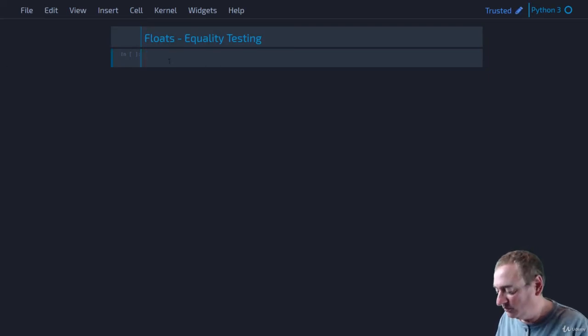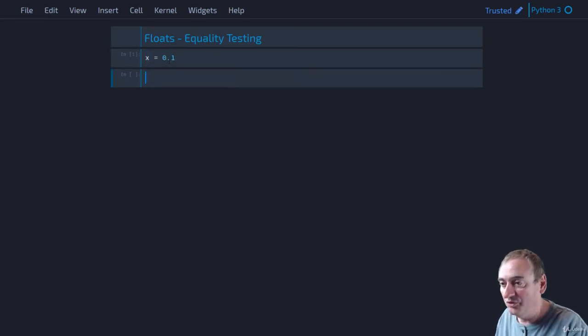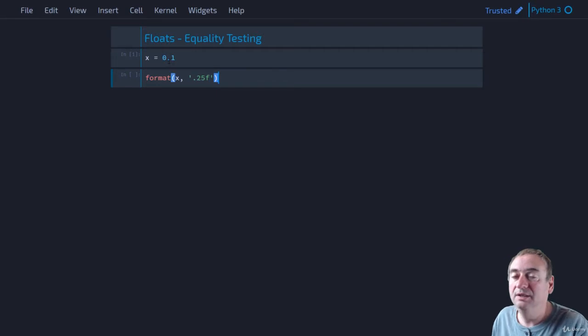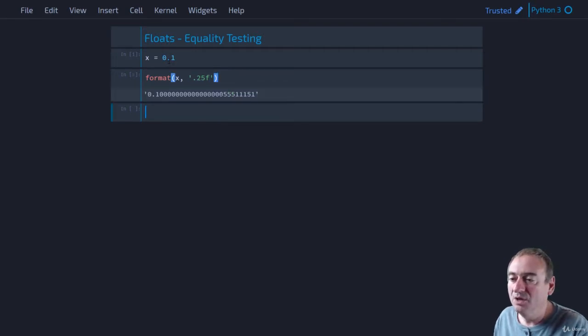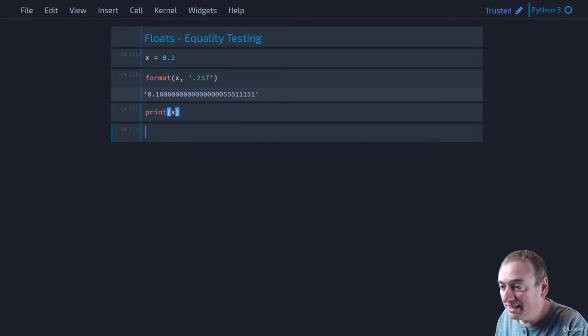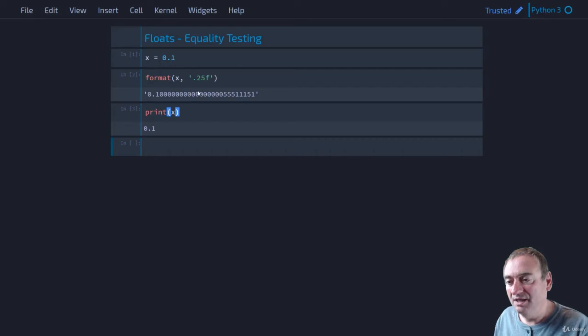For example, we saw that if we take x equals 0.1, then if we format x to display, let's say, 25 digits after the decimal point, we end up with this number here. So 0.1, even though if we print x it will tell us 0.1, in fact, is not exactly 0.1.